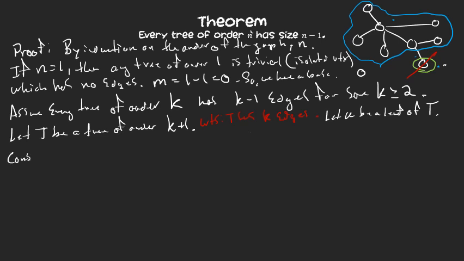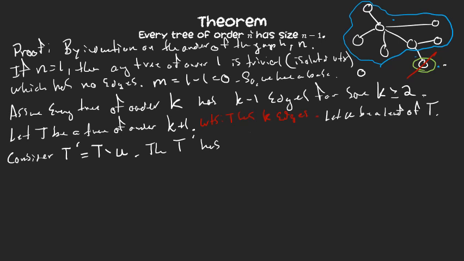And consider T prime, which is going to be the graph obtained by taking T and removing the vertex U, so removing a leaf. Then T prime has how many edges? It'll have 1 less edge. Well, wait.